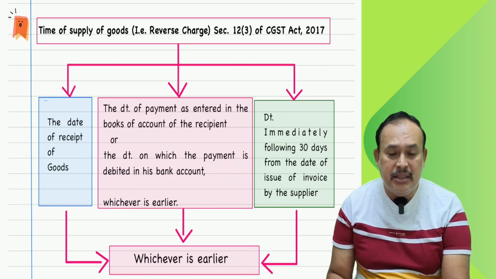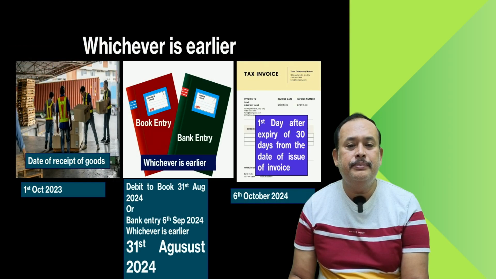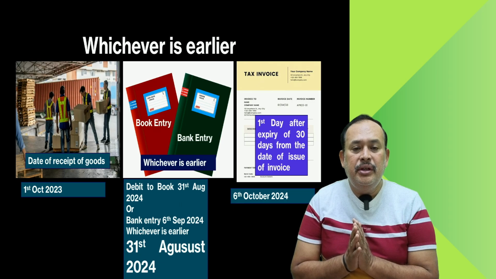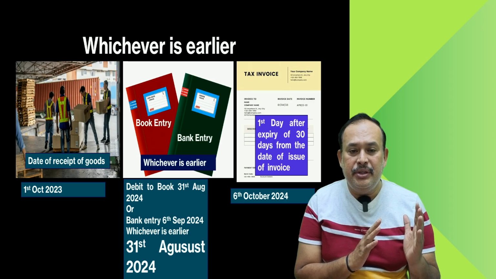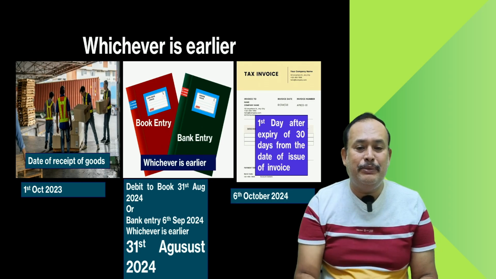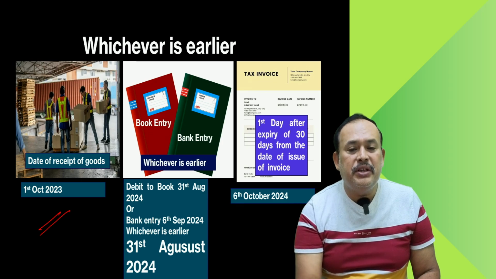How to understand this? Somewhat more practically I am bringing here. Look here. In the given case, I am the recipient of the goods. Reverse charge applies. First point what? Date of receipt of the goods. Assume which is 1st October.